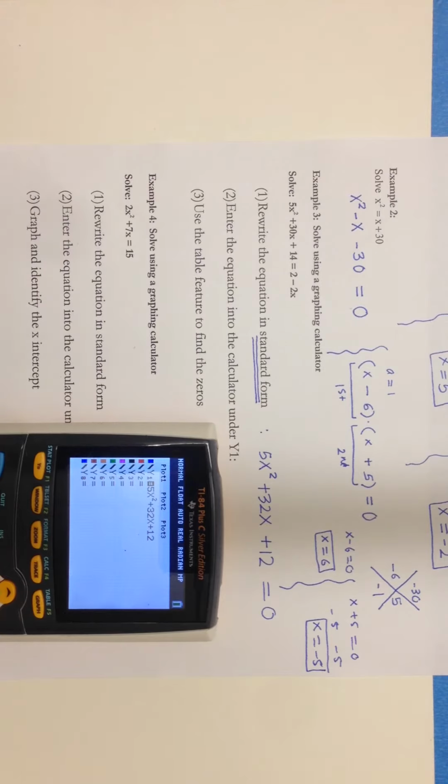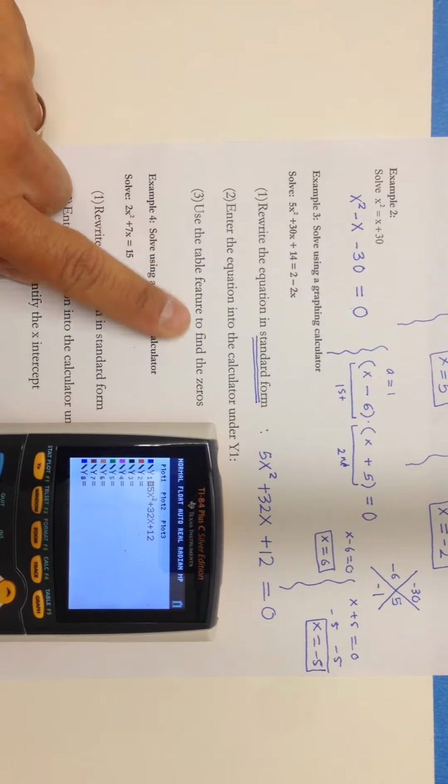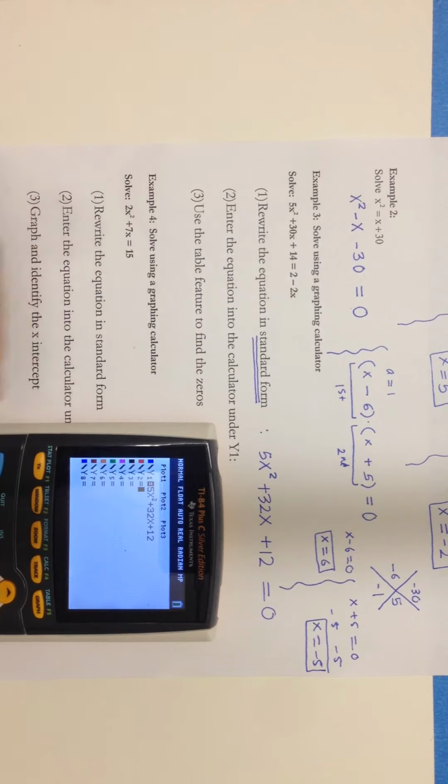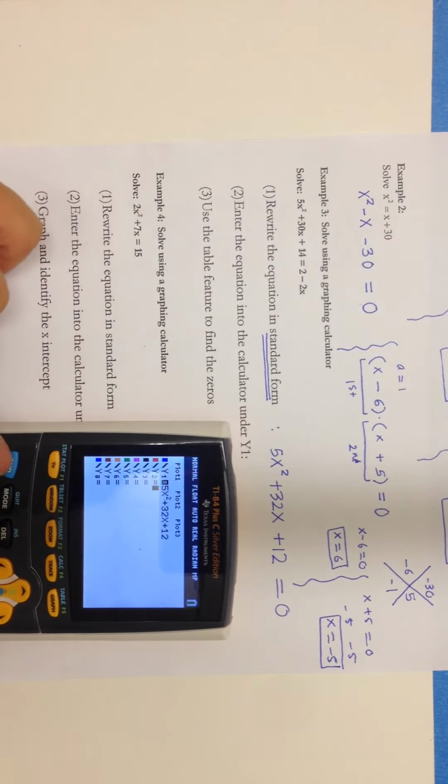The next thing we're going to do is use the table feature to find the zeros. To use the table, we first set up the table by hitting second, window, and let's start at 0.